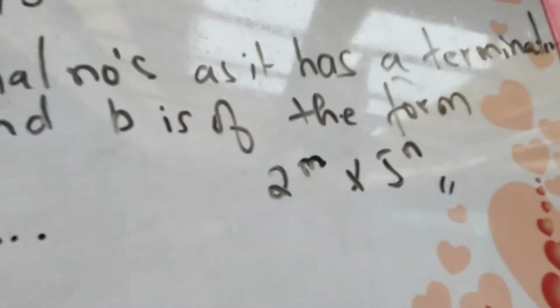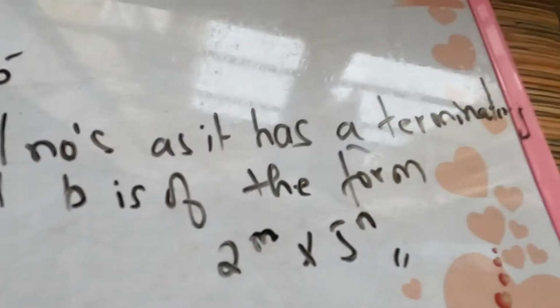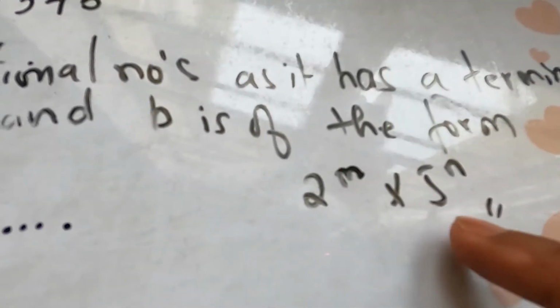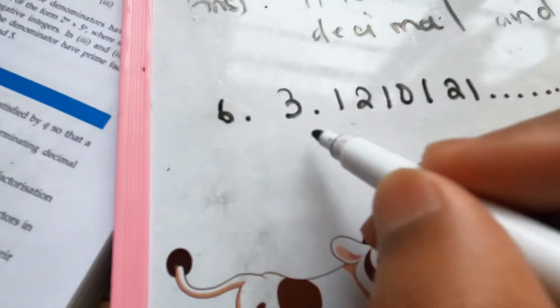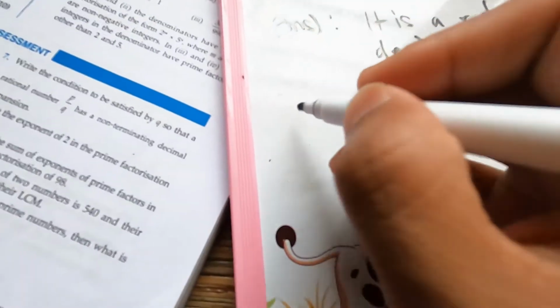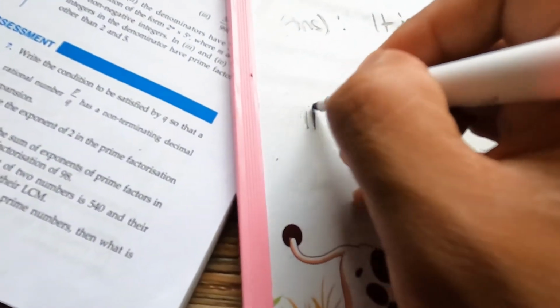It is very simple. If it is a terminating decimal number, it will always be in the form of 2 to the power m into 5 to the power n. Now for the second case, question number 5, sub question number 2.